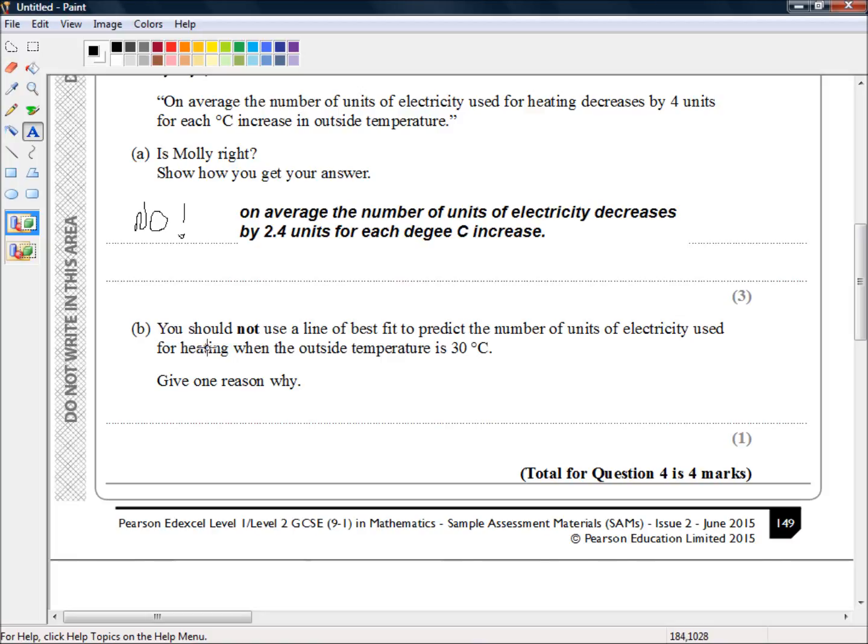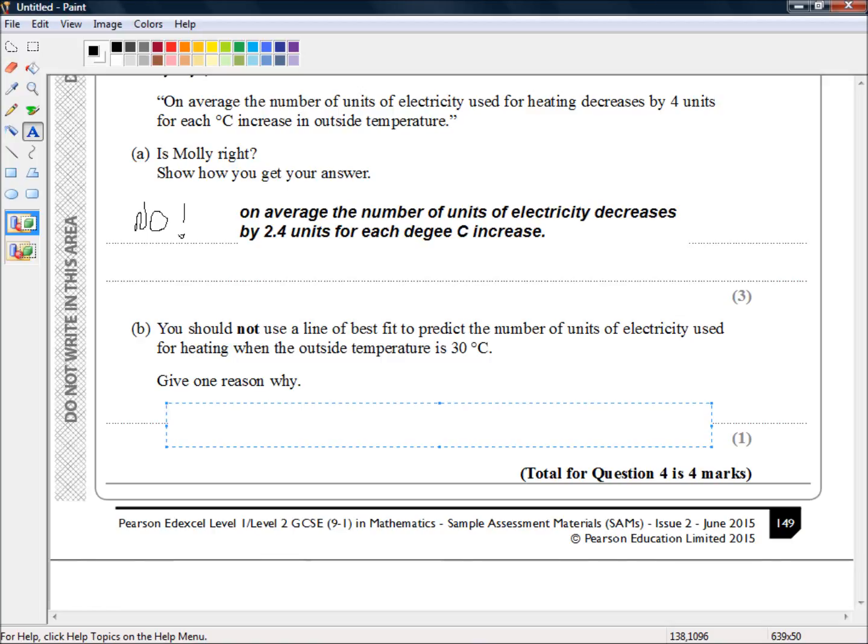So part B, you should not use a line of best fit to predict the number of units of electricity used for heating when the outside temperature is 30 degrees C. Give one reason why. Well, that's basically because you're extending the line outside of the data. You shouldn't extend the line of best fit outside available data.